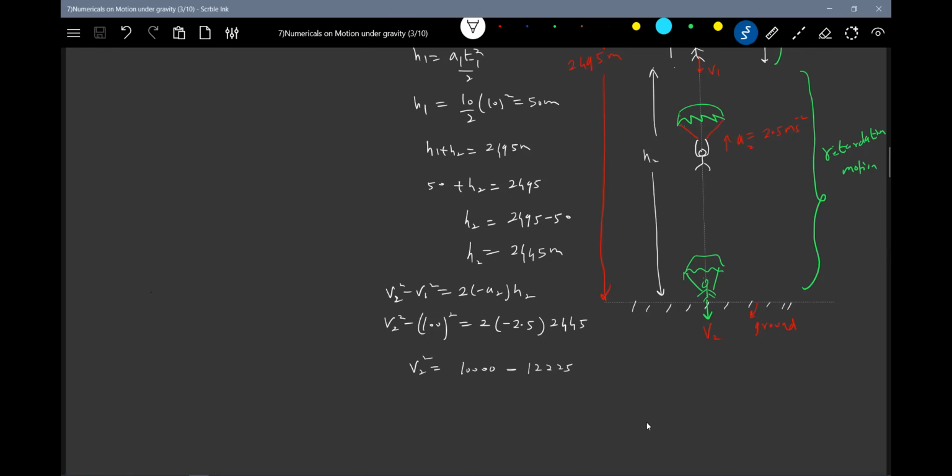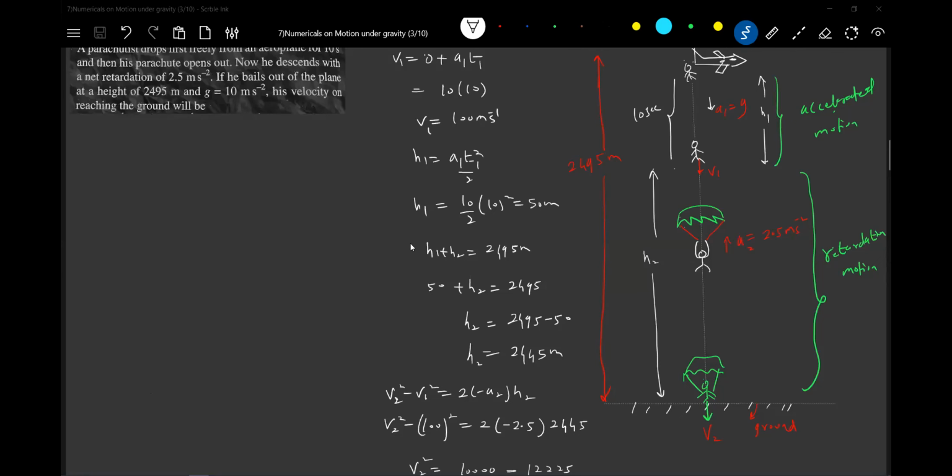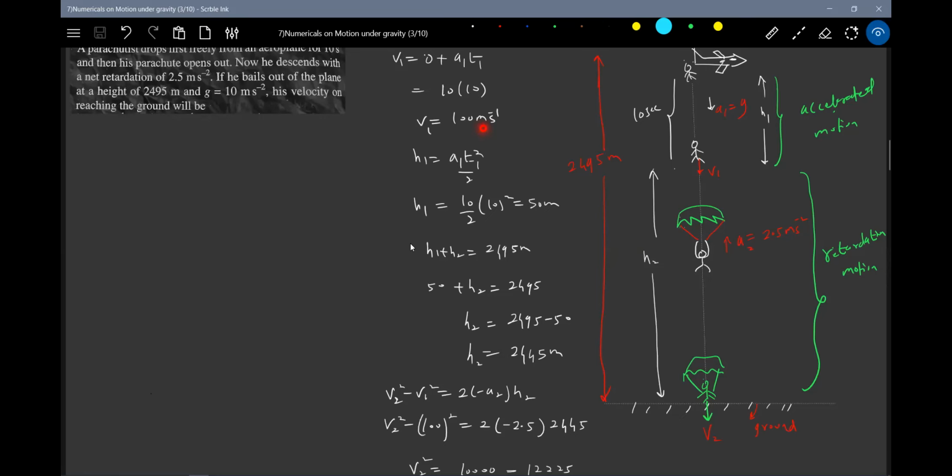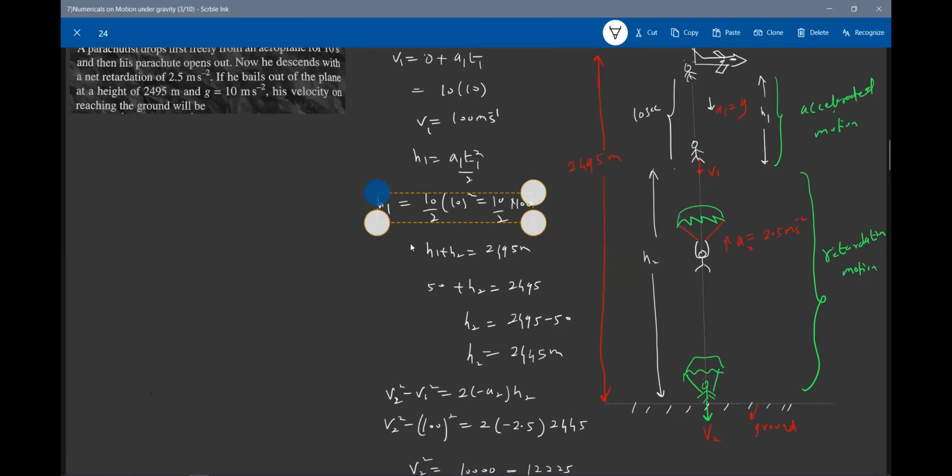This will become negative, and somewhere we are ending up negative. Let me check the calculations once. This is 100, t1 square. I'm not that good in calculation. This will become 100 times 10, somewhere I messed up here.